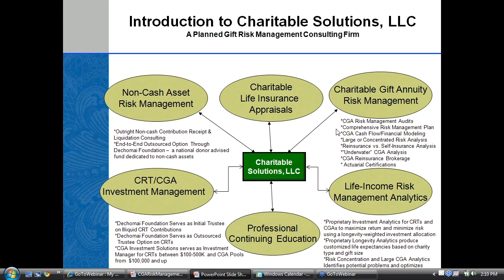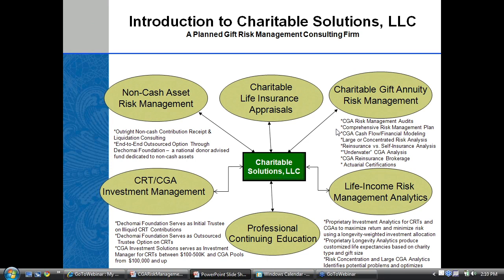But to really understand exactly the dynamics of the pool, the dynamics of the charity in terms of risk tolerance, in terms of characteristics, et cetera, and then to be able to provide very specific recommendations on the pool itself relative to concentrated risks, whether some should be reinsured and whether this should be partially reinsured or not. What do you do with the large underwater ones or any underwater ones? Cash flow modeling. We do the reinsurance design and brokerage as well to the extent that that is helpful.